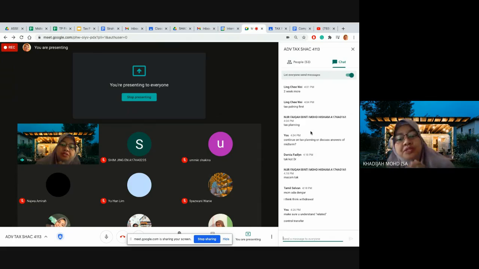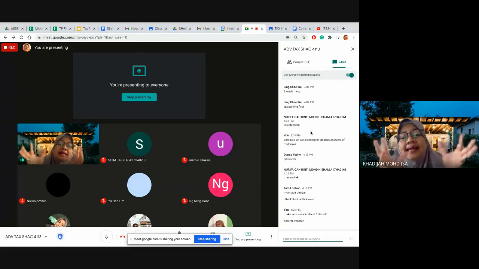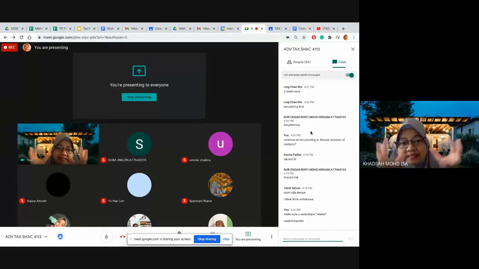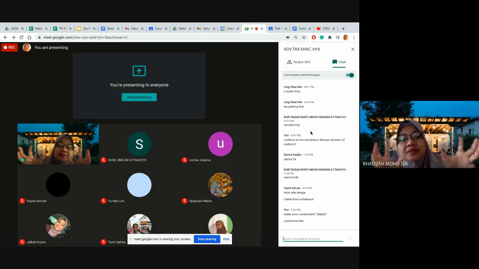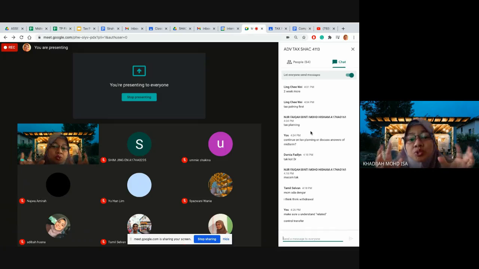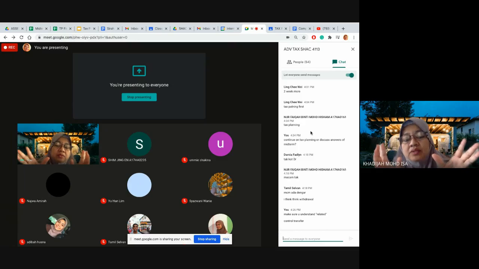Okay, control transfer. What happens is that when company A and company B, which are related, transfer an asset, because A and B are within the group of companies, the transfer within the same group we call control transfer. So what is the implication?